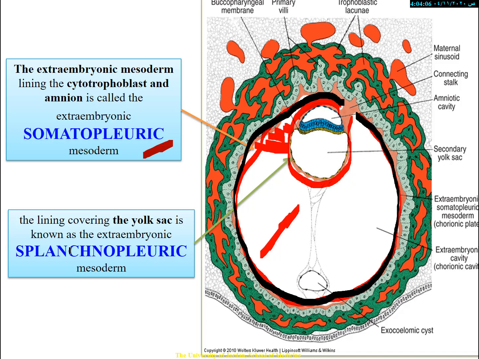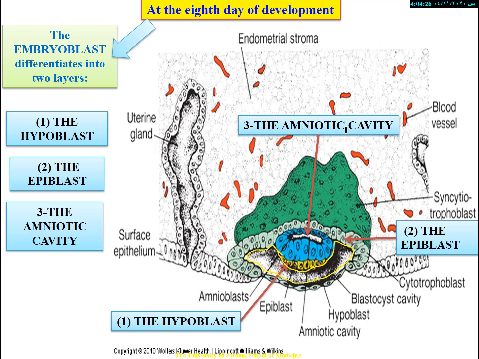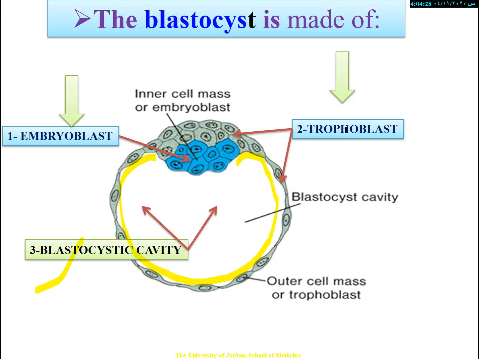Here you go. This is the somatopleuric mesoderm. However, this one here, covering the embryo itself and the yolk sac, would be this splanchnopleuric mesoderm. So the story is much easier than you would expect.